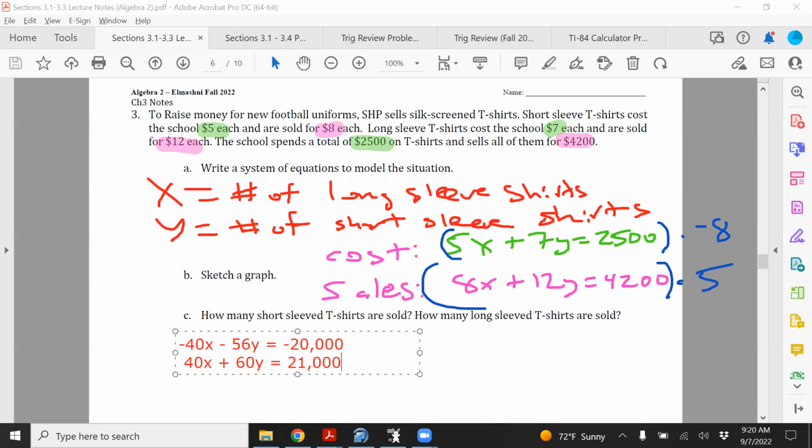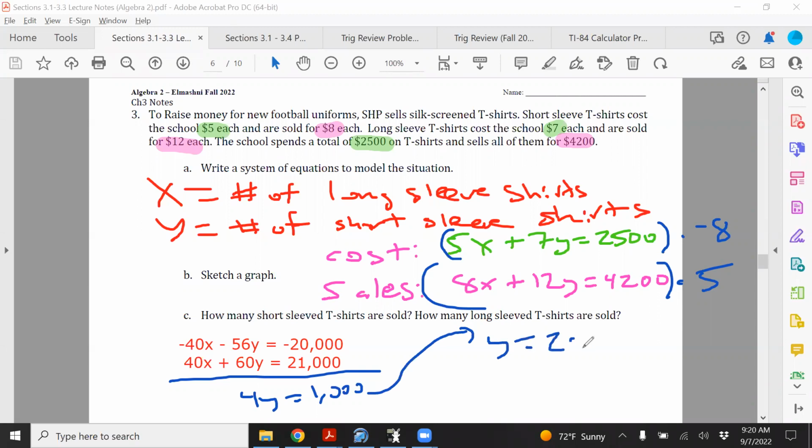I got y equals 116 over 1,000. What do you get, Hugo? 116 over 1,000. 116 over 1,000? I get y is 250. We'll see what you did wrong, Hugo. Give me a sec.